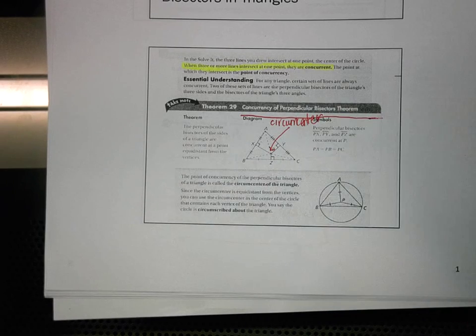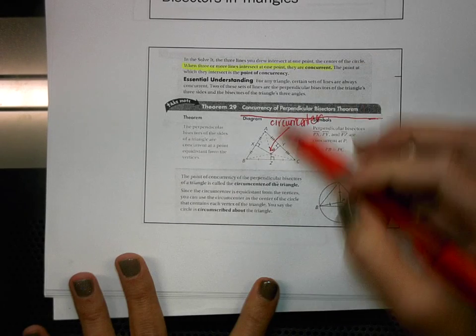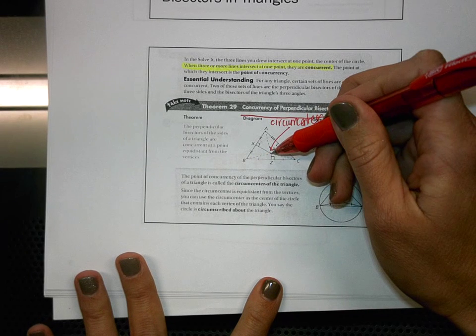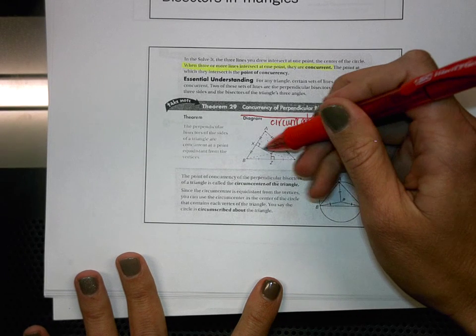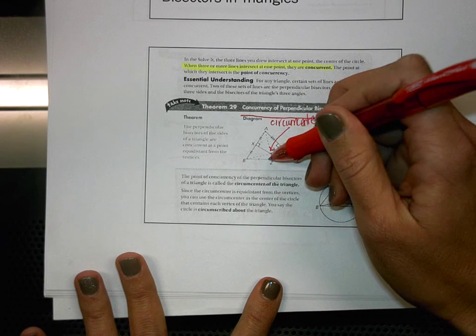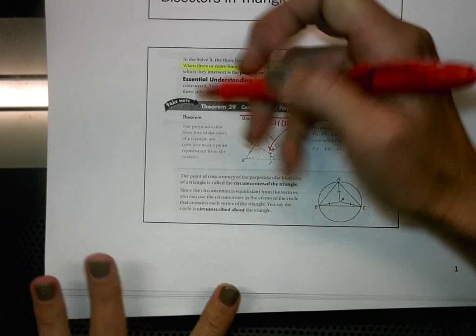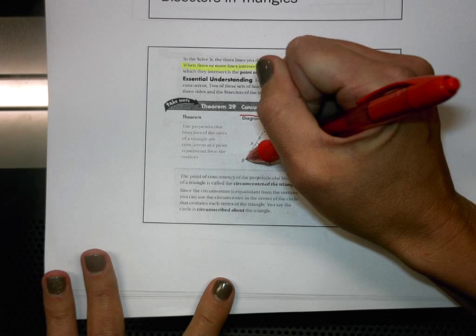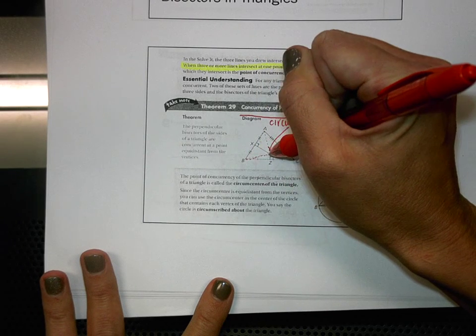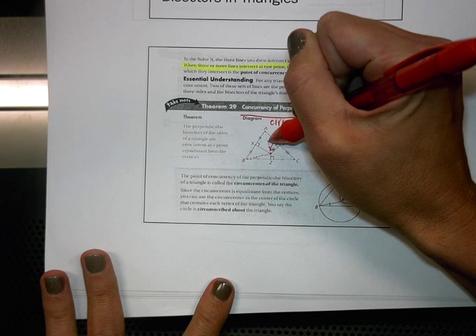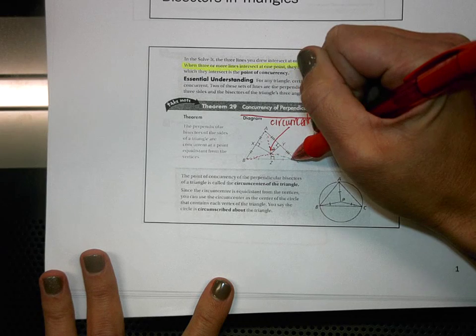Now, they gave the circumcenter point P. What ends up happening is that each of these lengths from P to the vertices will all end up being equal. So see how B to that vertex P, that will be equal, this will be equal, and this will be equal.